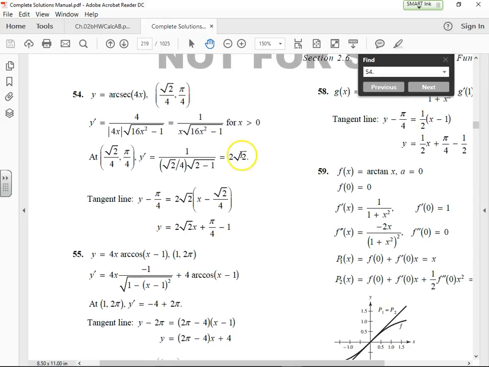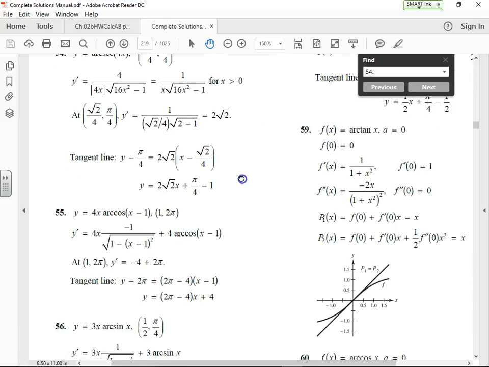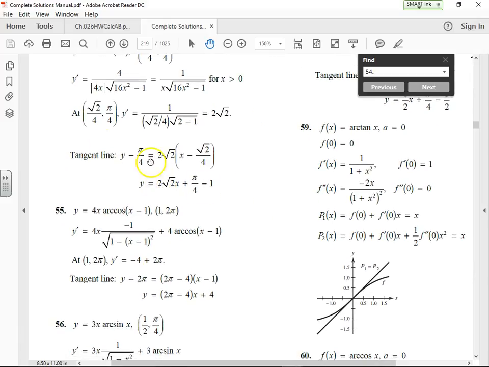Okay, hold on. Derivative: 1 over x square root of 16x squared minus 1. Plugging in the point was a little bit messy. One version is 2 root 2, or you could have done 4 over root 2. That would have been fine too. For the tangent line, you did not have to simplify.